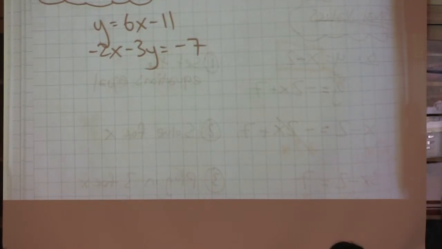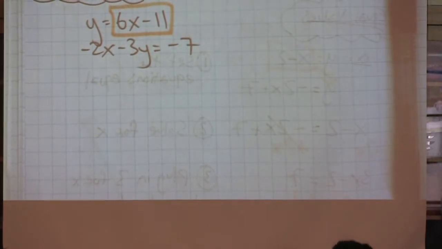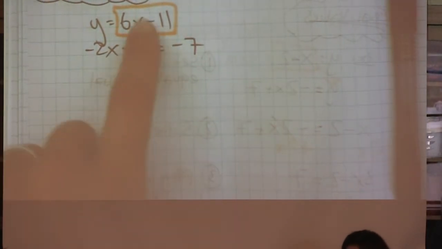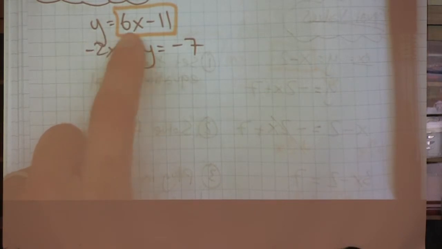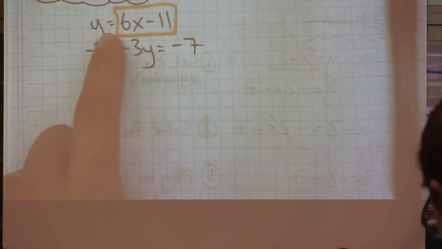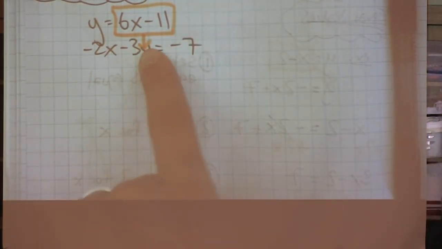I'll give you a really hard one then. So again, here is going to be a little different. What is 6x minus 11 equal to? It is equal to y. Since it's equal to y, that means I can take 6x minus 11 and replace y.